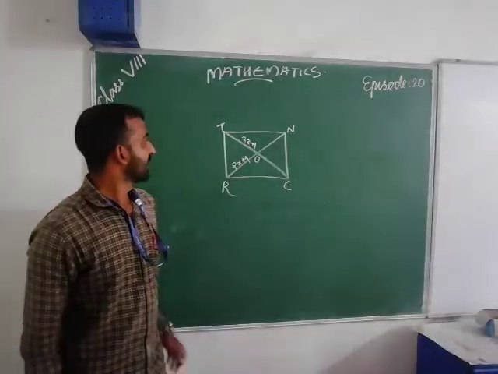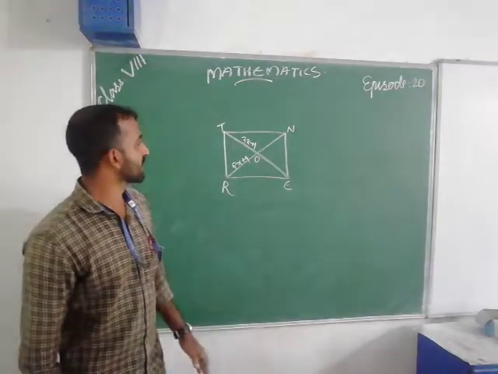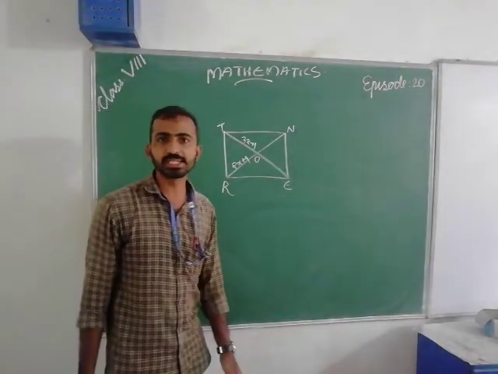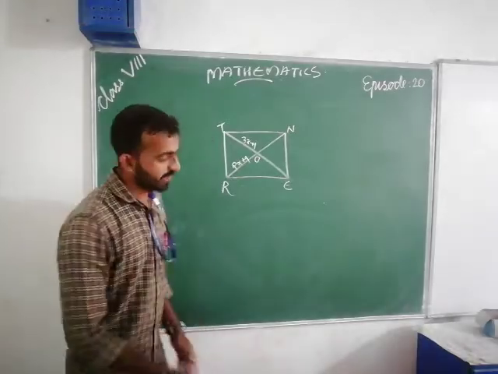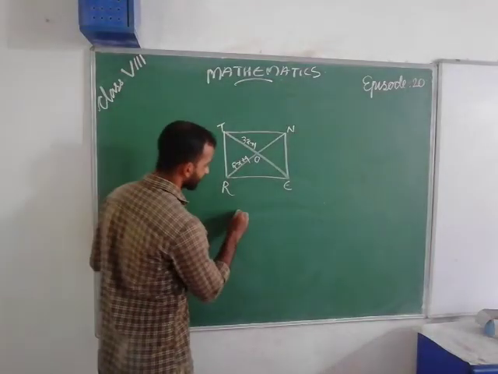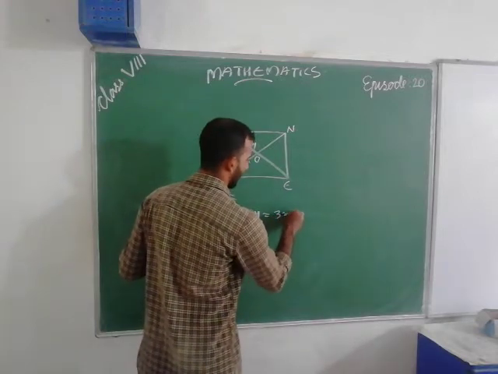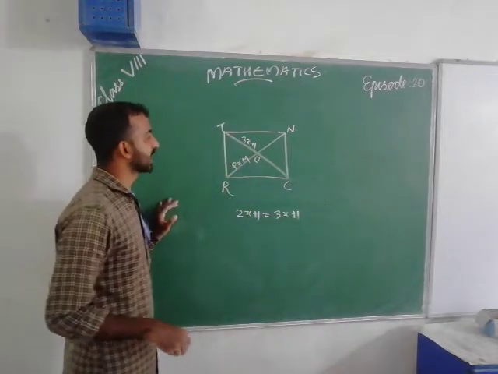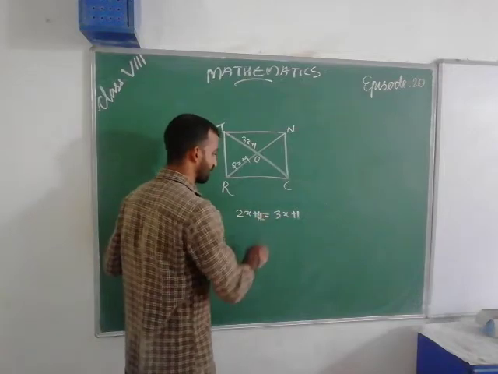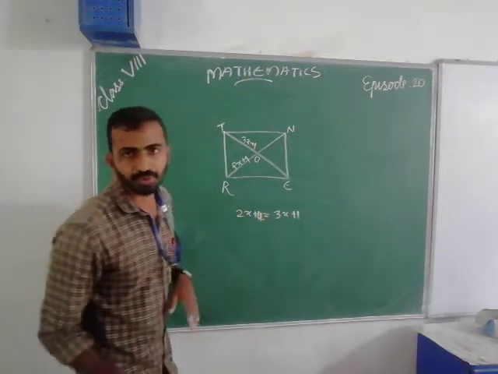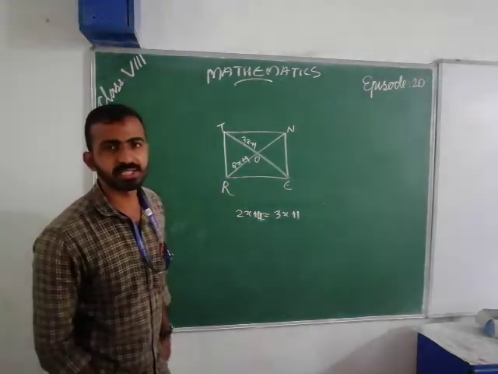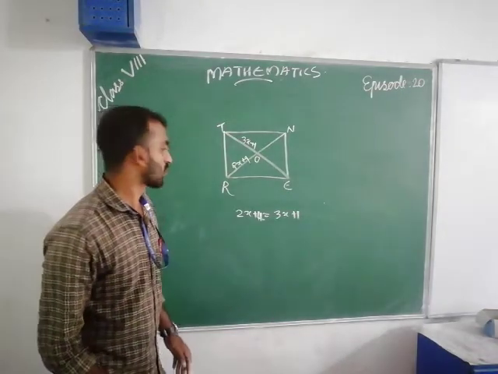We know that RO equals OE equals OT equals ON, is it? Yes. So we can write 2x plus 4 equal to 3x plus 1, since the diagonals bisect equally.